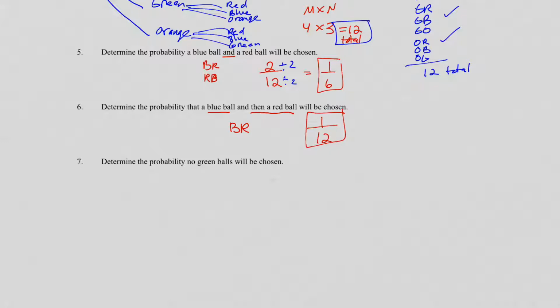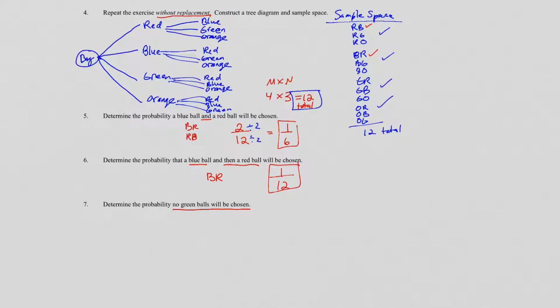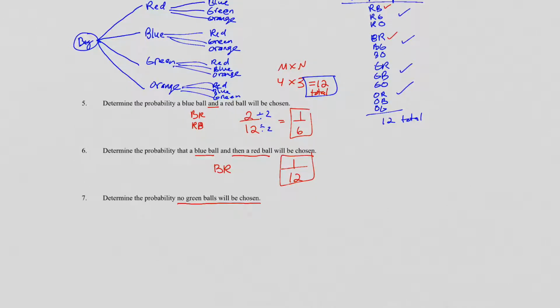Now, the probability that no green balls will be chosen. We've got to take a look at our list here and write down our sample space with no green balls. We have RB. RG has a green ball, so we skip that one.